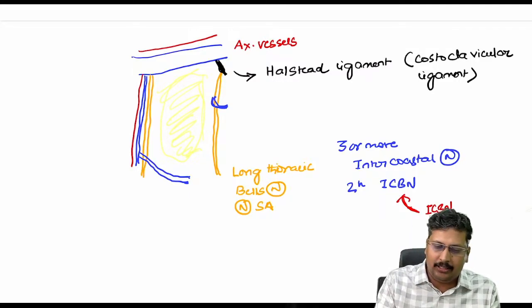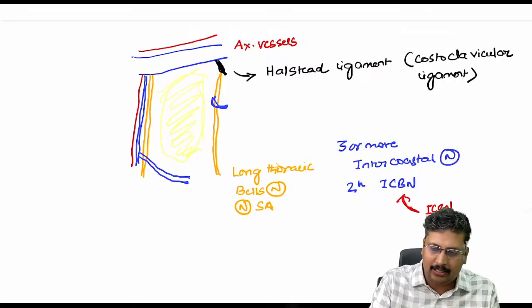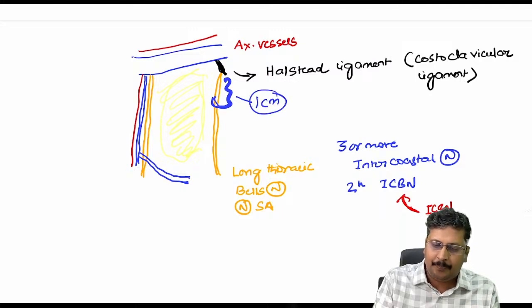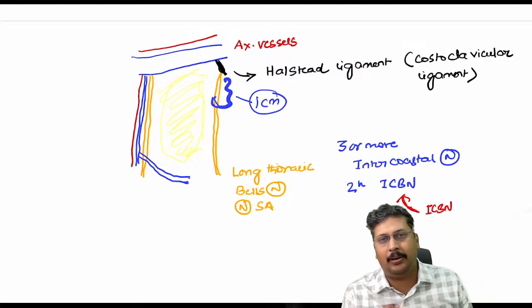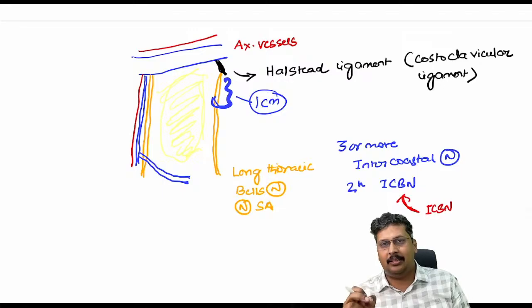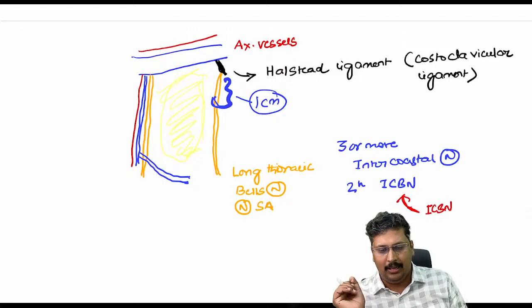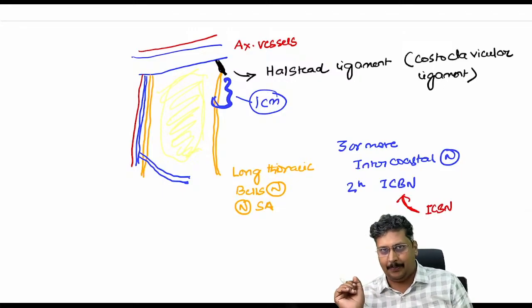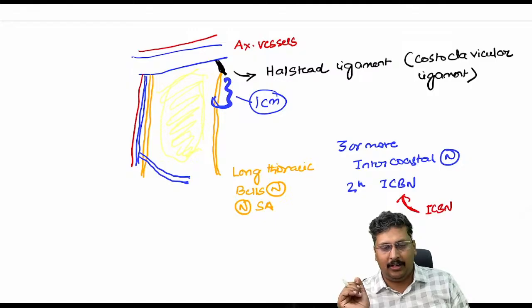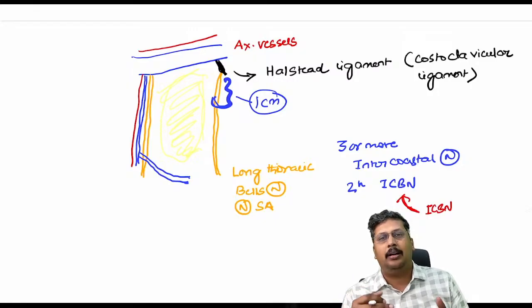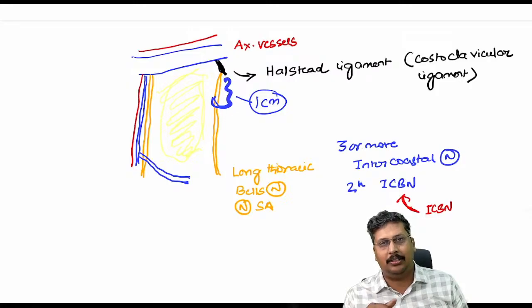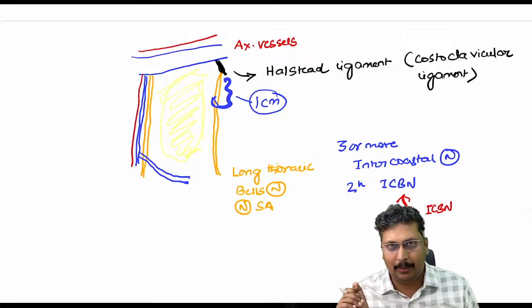Whenever you see this loop, you should understand that within 1 centimeter of this loop, you will encounter the axillary vein. So this is a very important landmark in the axilla, so that you will not damage the axillary vein. That is the first thing. And second important thing is, whenever you see that loop, you will get the intercostobrachial nerve a bit lower than this in relation to this medial pectoral loop.